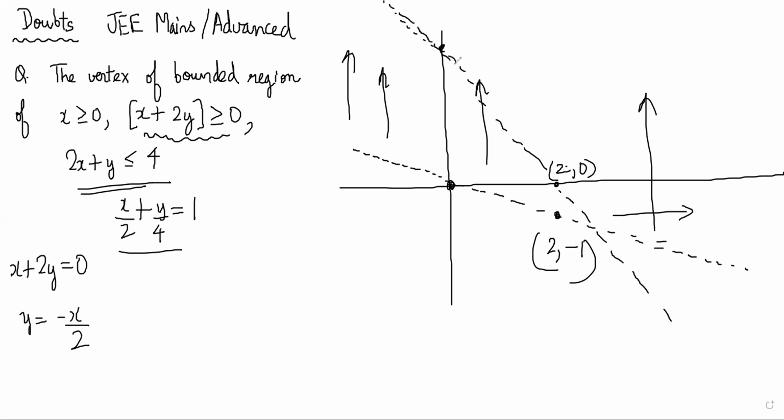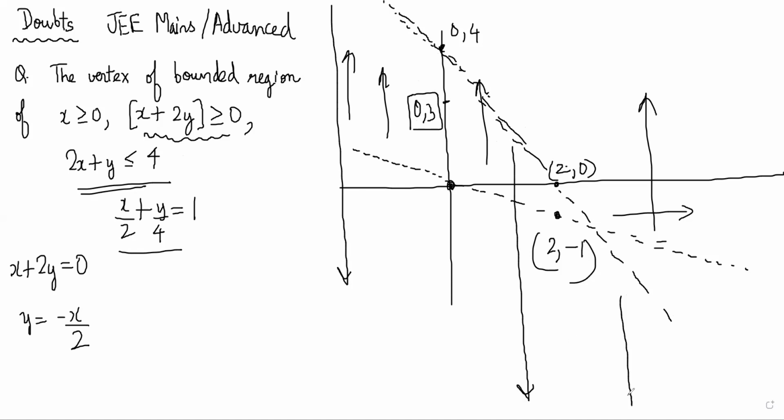This is my graph. Again, it is less than or equal to 4. So if you take any point, like 0 comma 3, and check, it is less than 4, right? So it is the lower region below the straight line, correct?